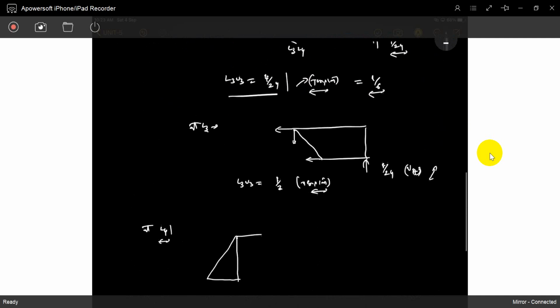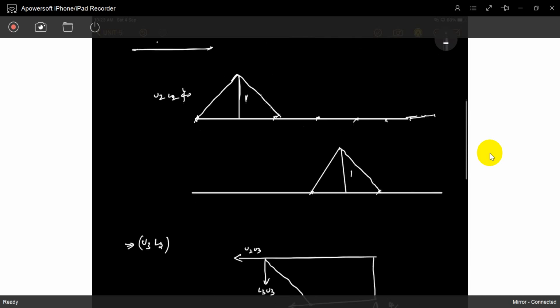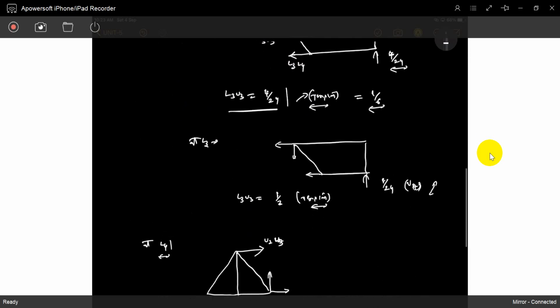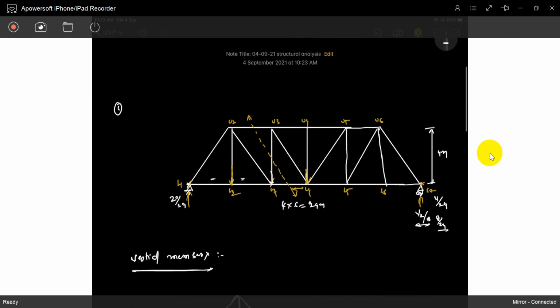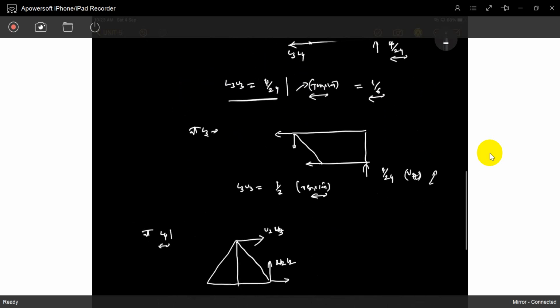Exactly, it will come like this. That's it. It looks exactly like this: this is U2 U3, sorry, this is U3 L3.